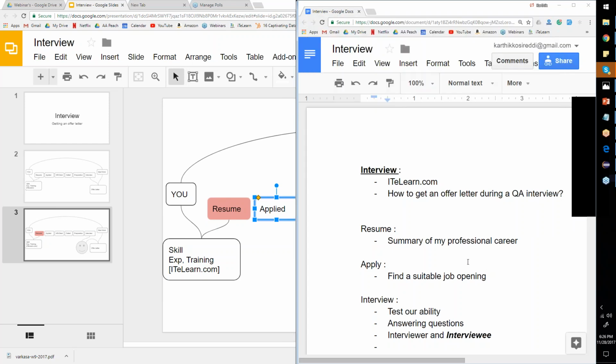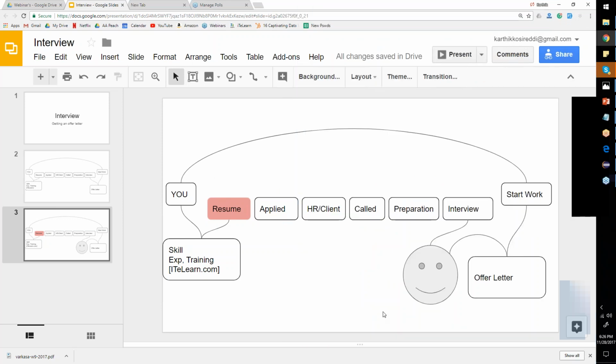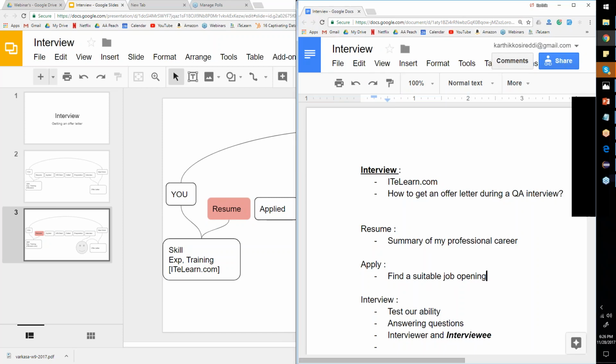We will use different job portals or our network or our spouse to take assistance in that. Yes, but that is how we will apply. We'll find a suitable job opening. It could be job boards, references, or consulting company.